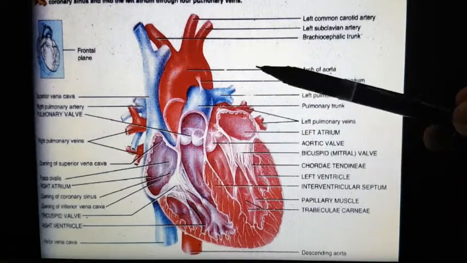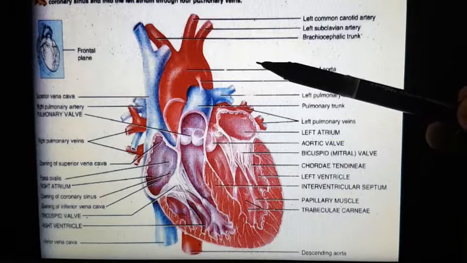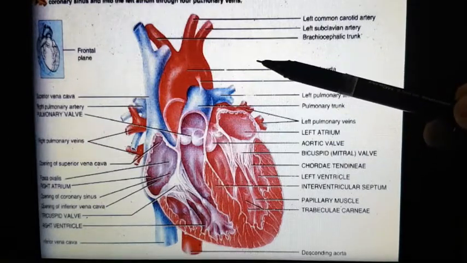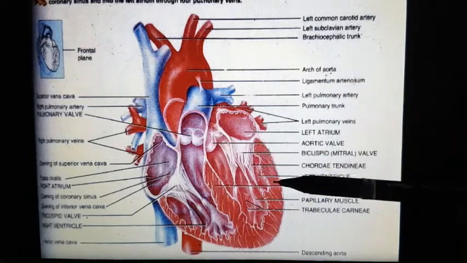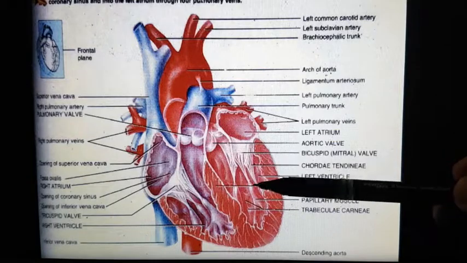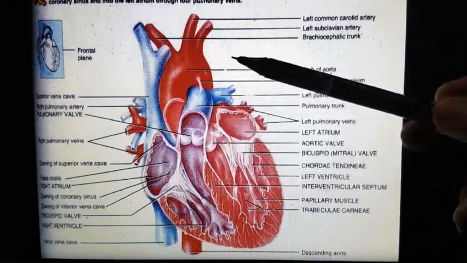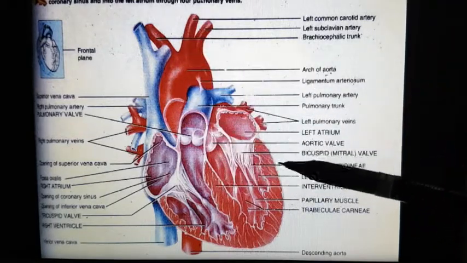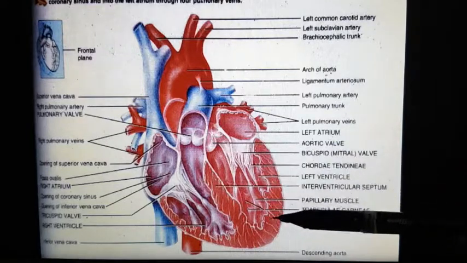Why do we have increased vascular resistance? Because of the pressure that is so high. Therefore, increased pressure in the systemic area increases the workload of the left ventricle, which must pump harder to promote ejection of blood out of the heart. Therefore, it eventually leads to left ventricular hypertrophy.